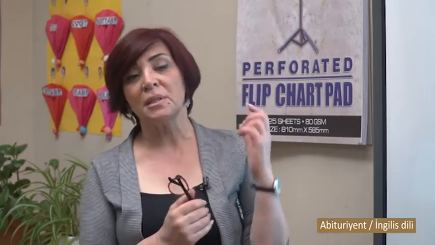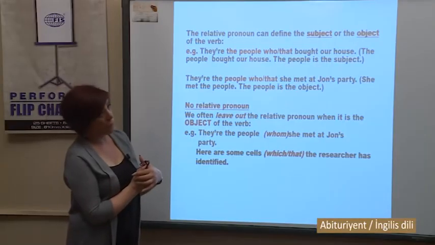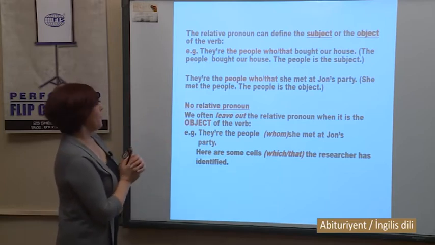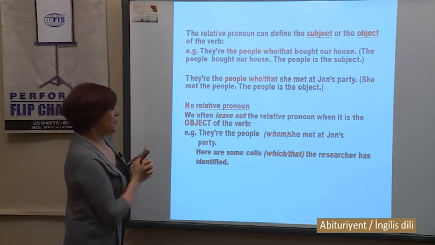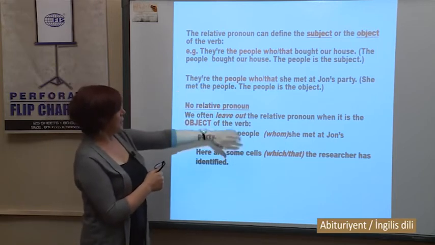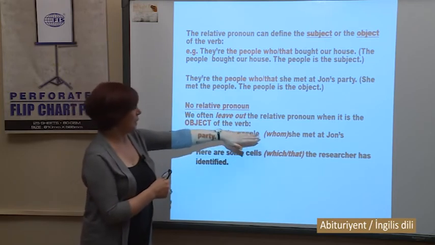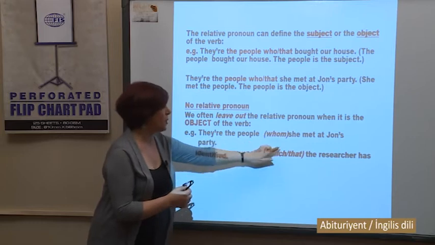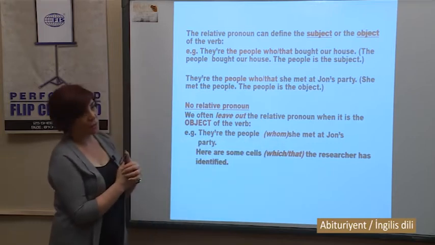It can be omitted, especially in spoken language, but in written language, it would be better if you use it. Don't omit it. Now, examples. They are the people she met at John's party. You see, here people is the object, and who can be omitted because our subordinate clause has its own subject. If it is an object pronoun, it can be omitted.